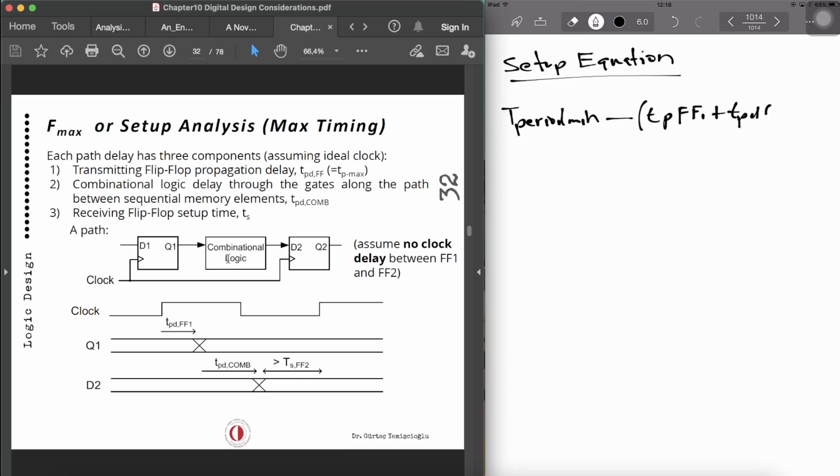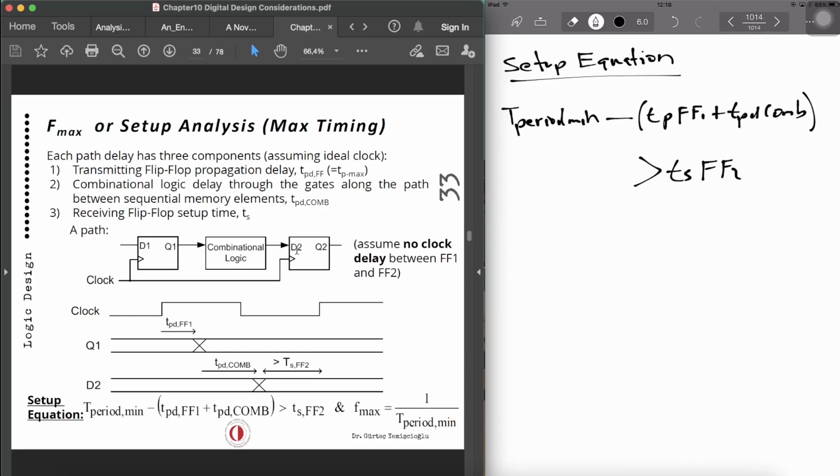So T_PD comb has to be greater than the setup time of flip-flop 2. Okay, and we know that F max equals 1 over T period min, and we can easily find that out.